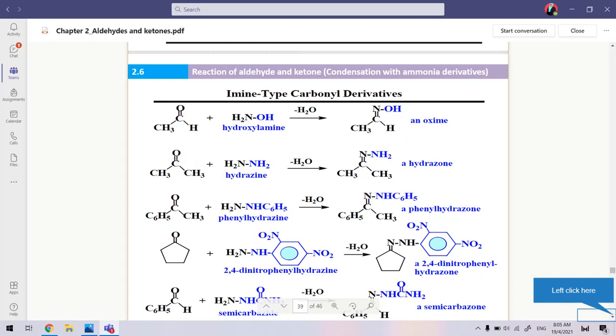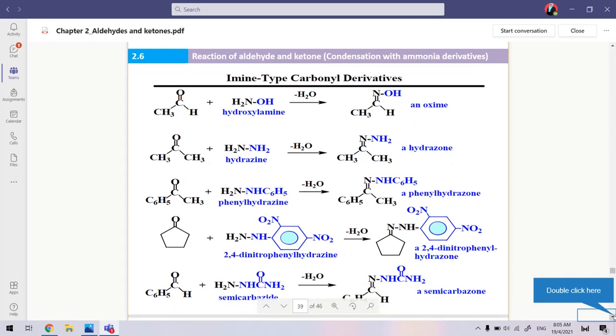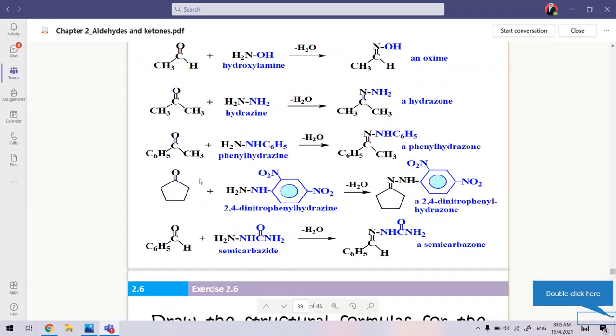And how about here? So the double bond here will attach to N dash NH2 to produce a hydrazone. And here the double bond will attach to NHC6H5, and you eliminate water to produce a phenylhydrazone. And this double bond attached here will eliminate H2O.